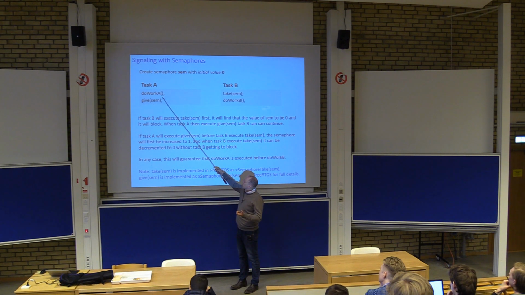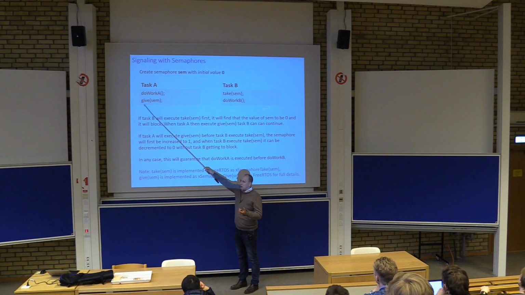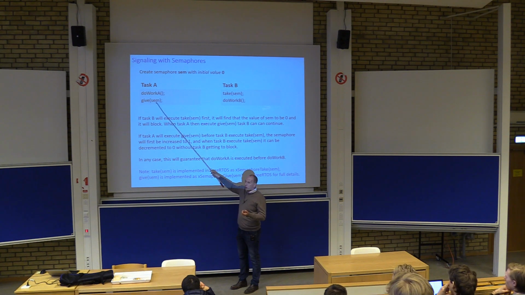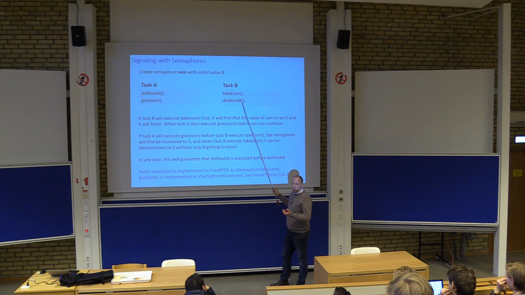So it will start to do its work, and then when it's done, it will increase the value of the semaphore. And remember from the definition of the give of the semaphore, so now if there are tasks that are blocked on the same semaphore, one of them will be woken up, meaning it will be moved from blocked to ready.